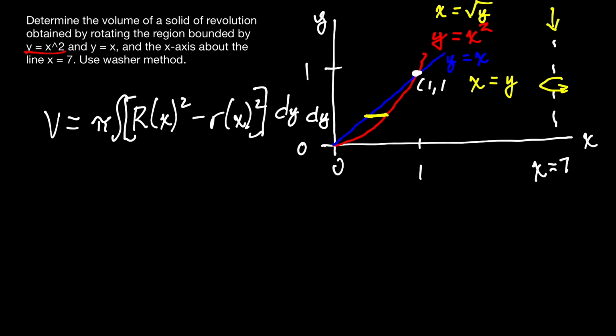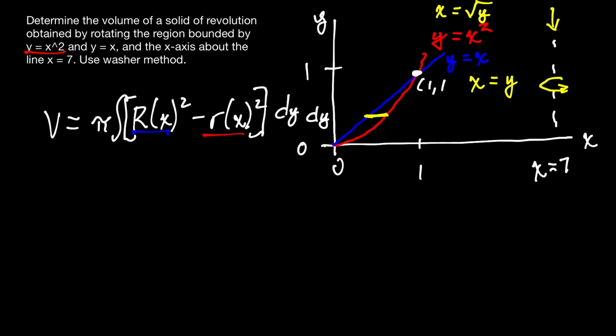So the big one is going to be my blue one, because the blue one is the curve that's on top, again, relative to my axis of rotation. My little r is going to be the red piece, because that is on the bottom relative to my axis of rotation.